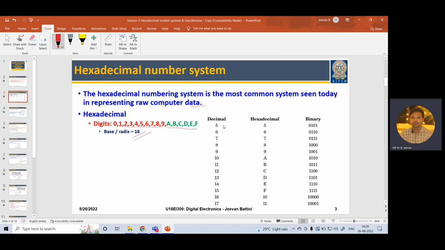Up to 9 it is the same as decimal, and 10 is represented with A, 11 with B, and so on up to 15 with F. After F, you get 10 in hexadecimal, which is equal to 16 in decimal. And if you know the decimal, you can easily find the binary.